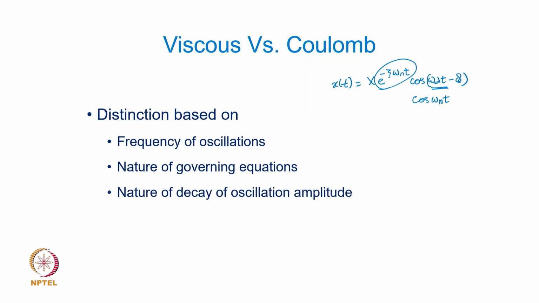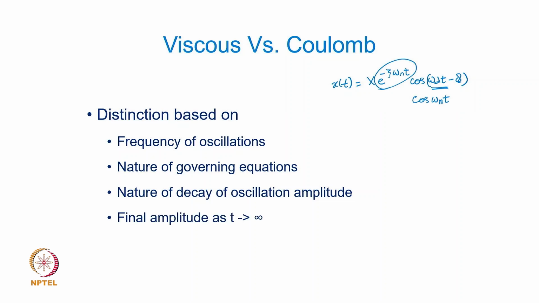Based on the decay of oscillation amplitude, we already discussed that viscous damping exhibits exponential decay of the initial amplitude, whereas in the case of Coulomb damping there is a linear decay. In other words, the ratio of successive amplitudes is constant in the case of viscous damping, whereas the difference in the successive amplitudes is constant for the Coulomb damping case.